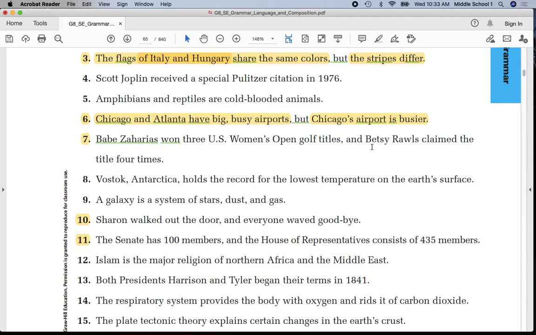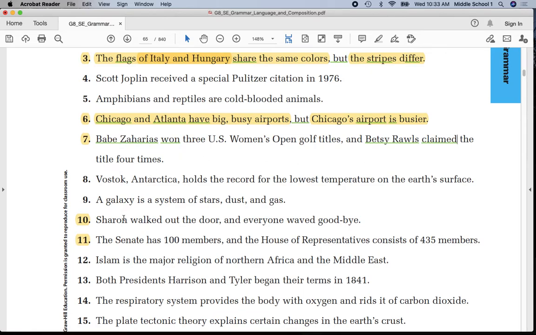Second sentence: Betsy Rawls claimed the title 4 times. Underline Betsy Rawls once. Underline claimed twice. Again, line between Babe Zaharias and won. Line between Rawls and claimed. There is no prepositional phrase.